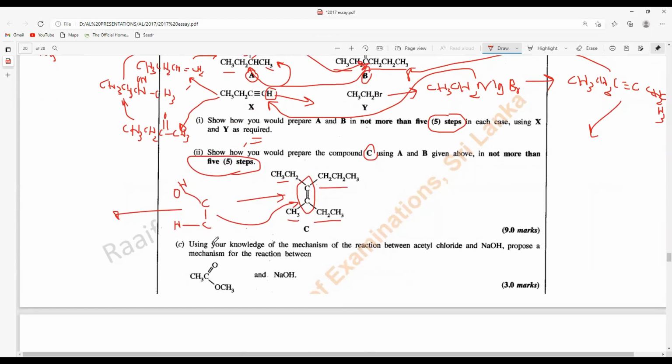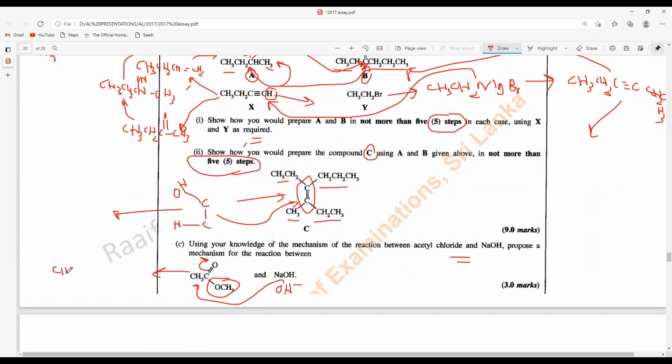And the last part is using your knowledge of the mechanism of the reaction. So we have discussed this mechanism before also. Because I told you in the ester hydrolysis first, so when you have OH minus, what is happening? This OH minus is going to attack this carbonyl carbon, and this is going to form the negatively charged species.